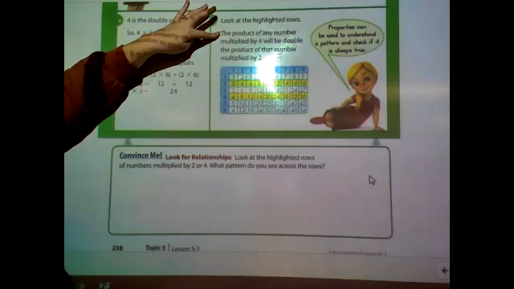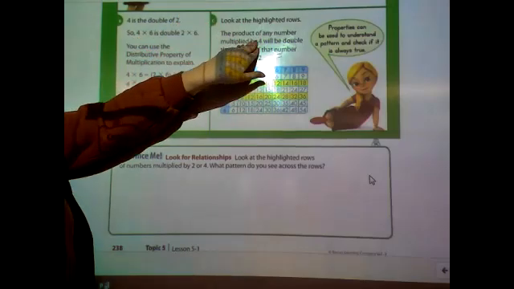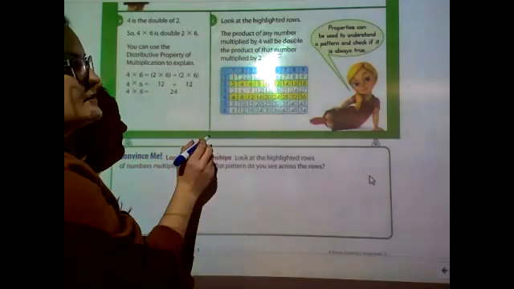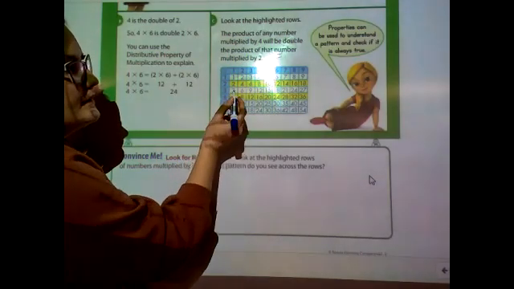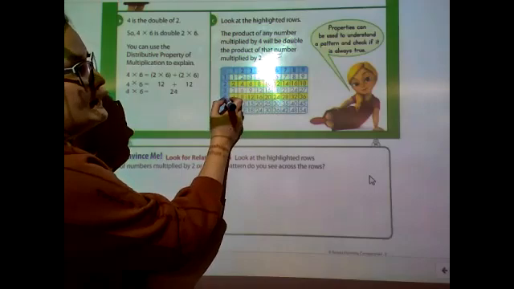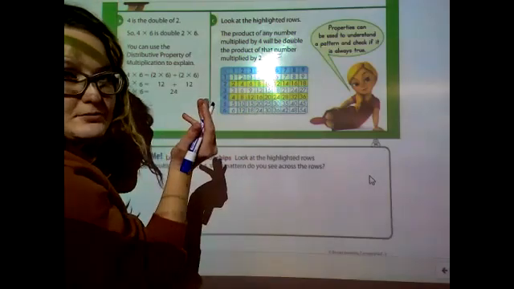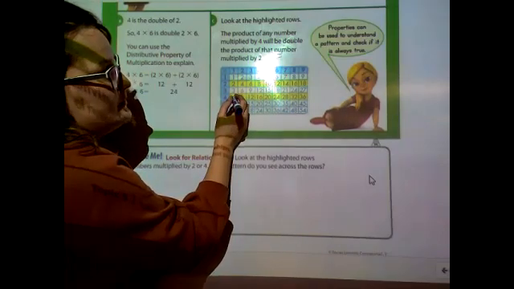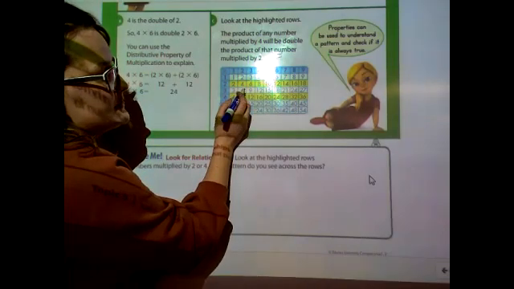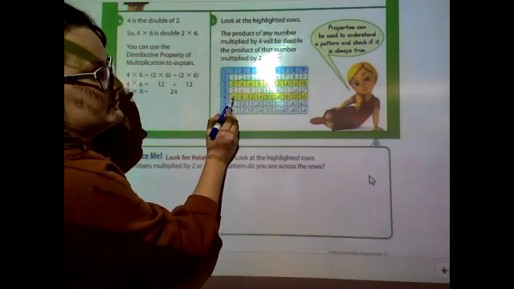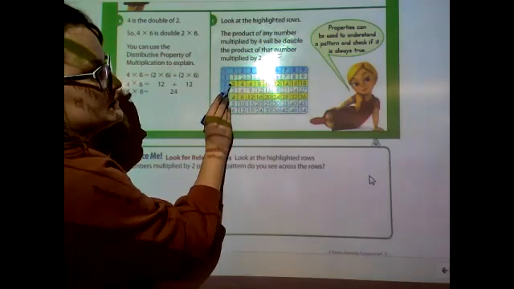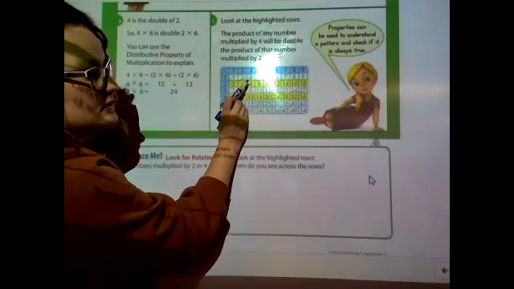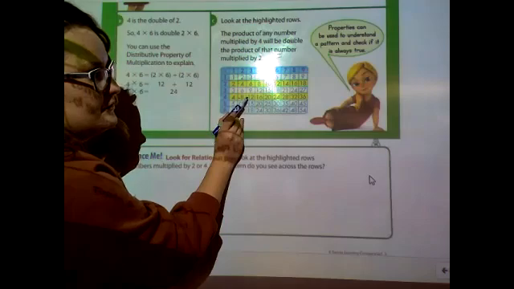The product of any number multiplied by 4 will be double the product of that number multiplied by 2. So product again is the answer to a multiplication equation. 2, 4, 4, 8, 6, 12.